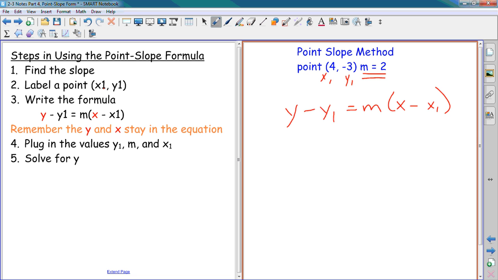Remember, the y and the x stay in the equation. Plug in the values y1, m, and x1. So I have y minus y1, which is negative 3, equals m, which is 2, times x minus 4.